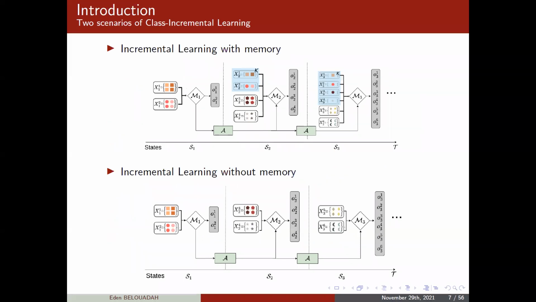There are two scenarios in incremental learning. We have incremental learning with memory, and we have incremental learning without memory. Here I present one toy example with one initial state and two incremental states. In each state, we have two new classes that appear and should be included in our system. In the initial state, we perform training from scratch using data of the first two classes.